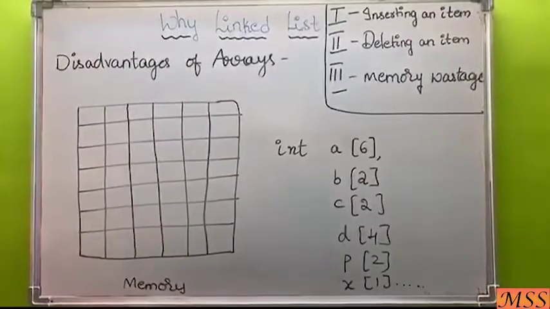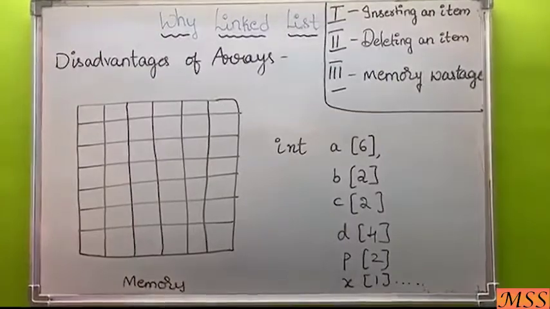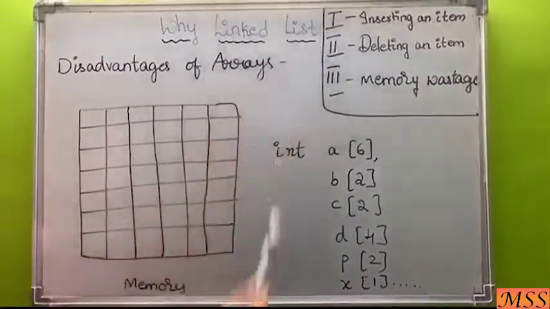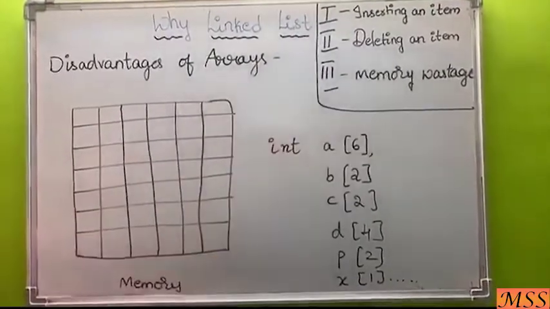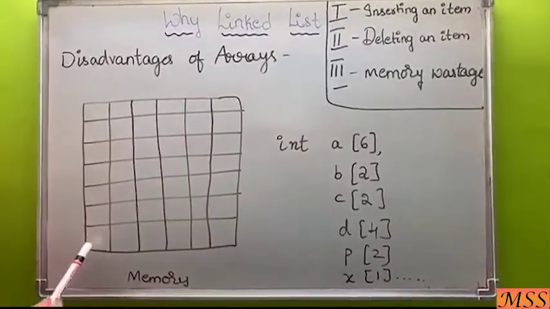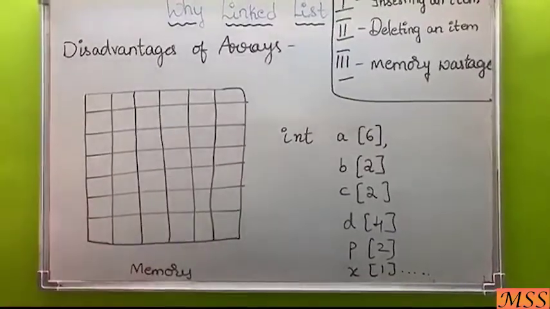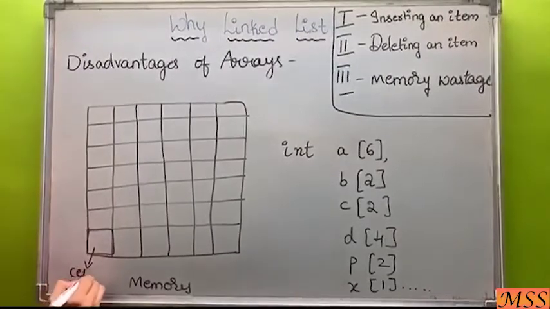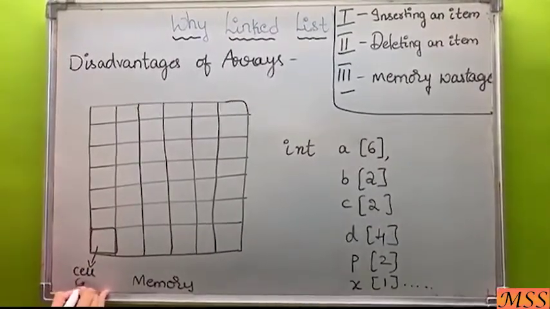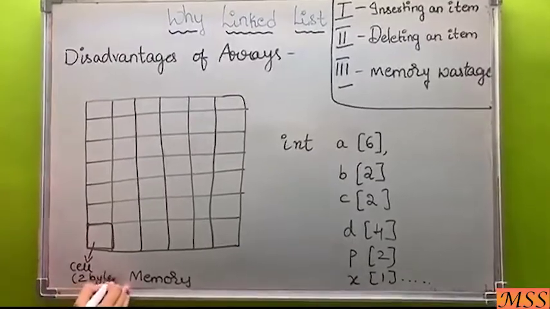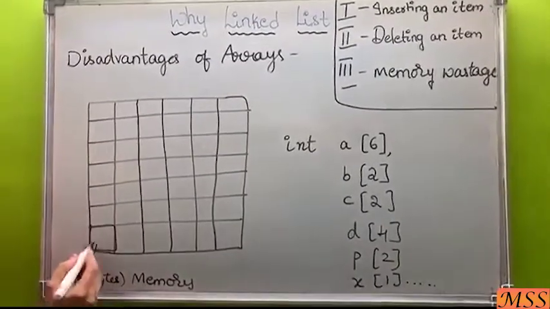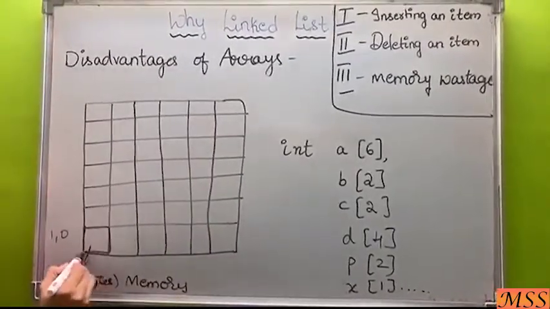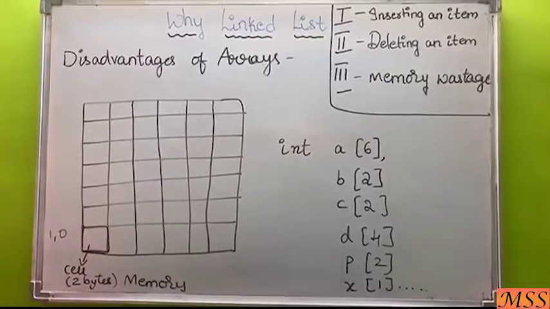In the previous example, I demonstrated 2 disadvantages: inserting an item in the array and deleting an item in the array. The third disadvantage is memory wastage. For example, consider this as memory, and this is called a cell. Let us consider that each cell occupies 2 bytes of memory.